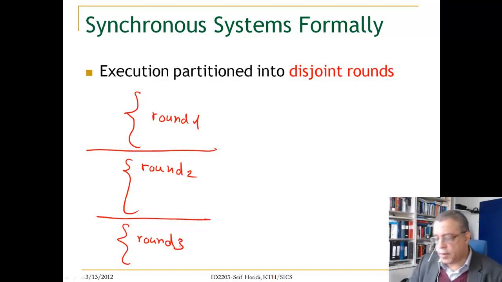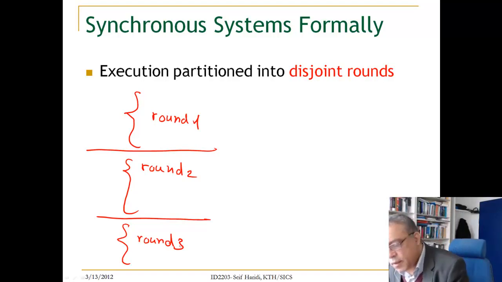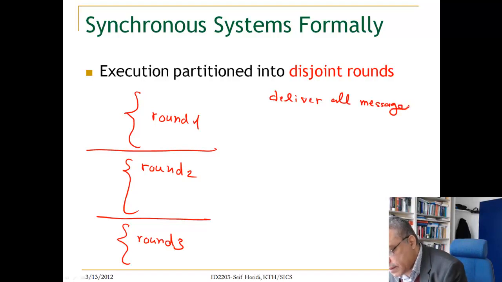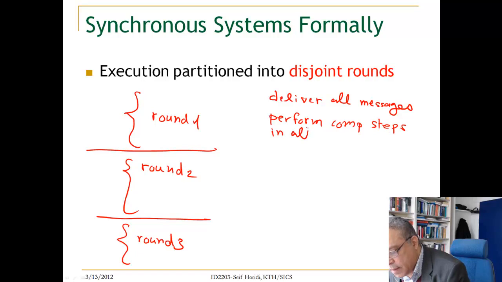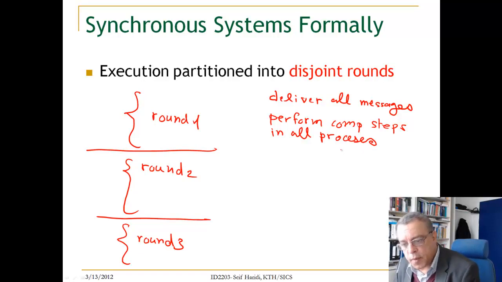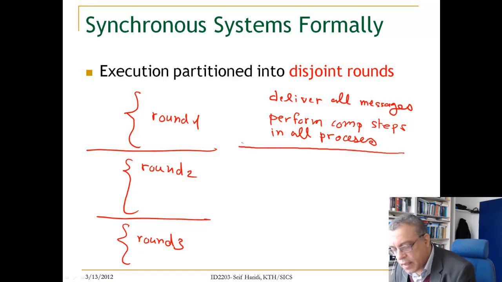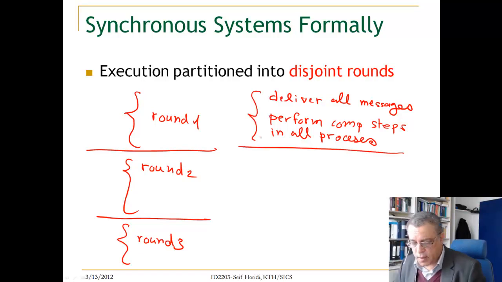And what happens in each round? You deliver all messages, perform computation steps in all processes, and that will produce new messages in the output buffers, and then we continue to the next round.